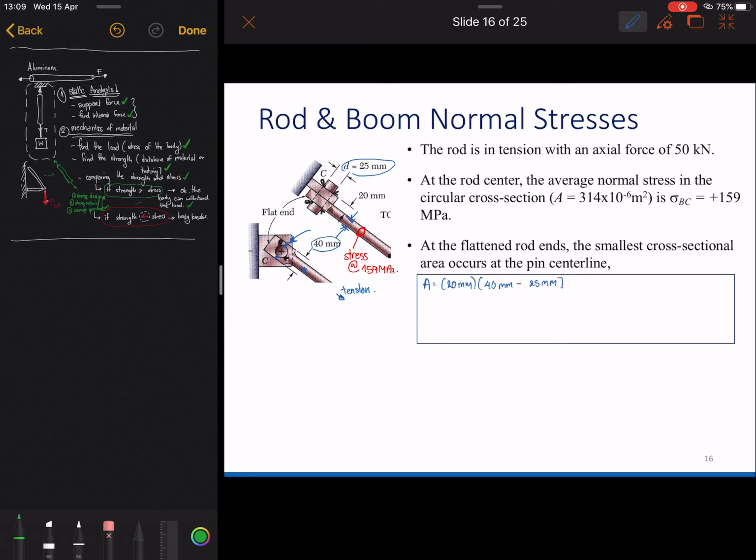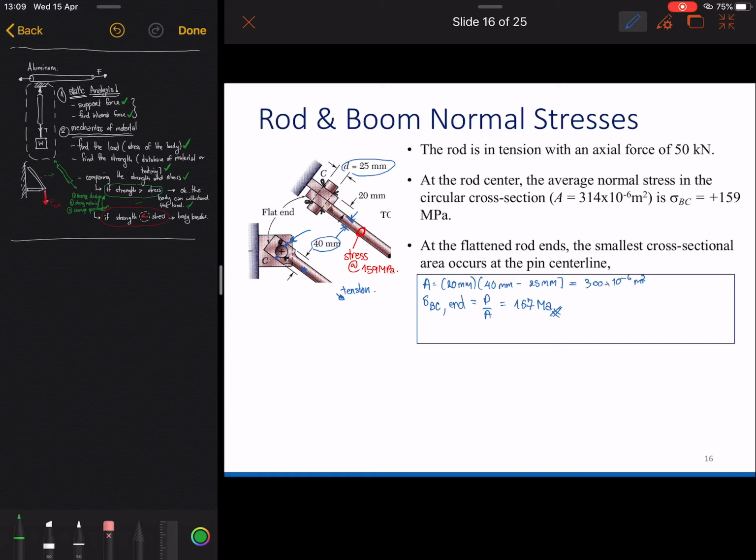And for the force here we have 300. Then sigma BC is equal to P over A, or force over area, which is equal to 167 megapascal. So here is the stress that we got.